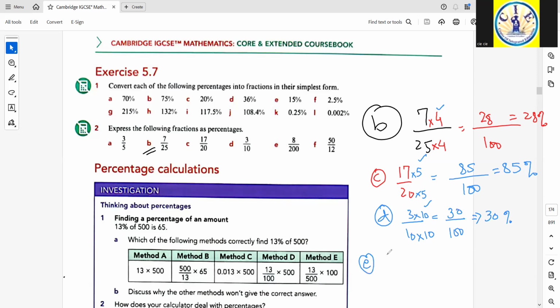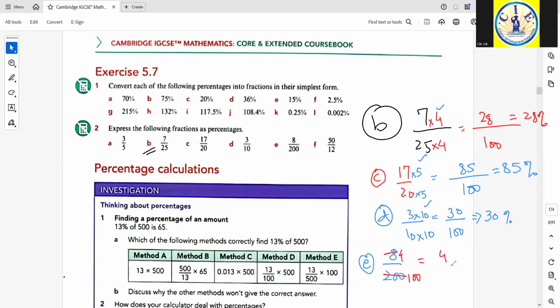And in the same pattern, part E, 8 by 200. We can easily see that we can simplify this fraction. If I divide it by 2, 2 fours are 8, and 2 hundreds are 200.